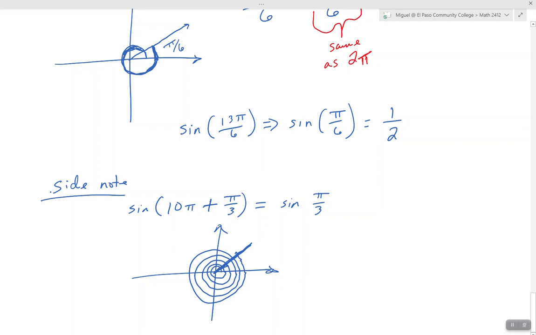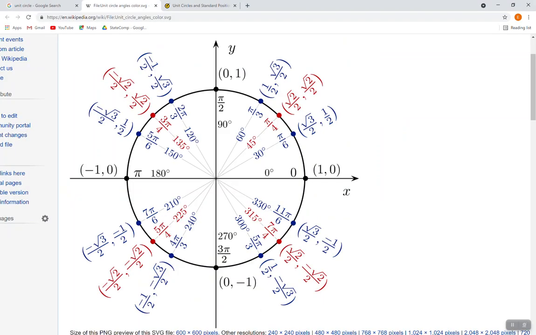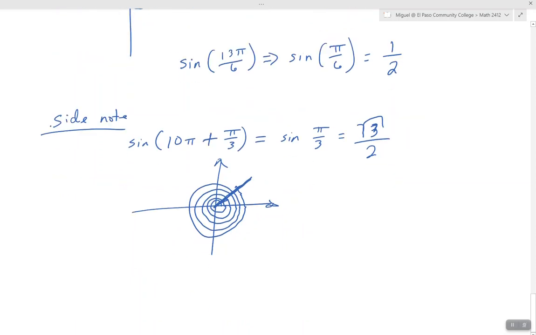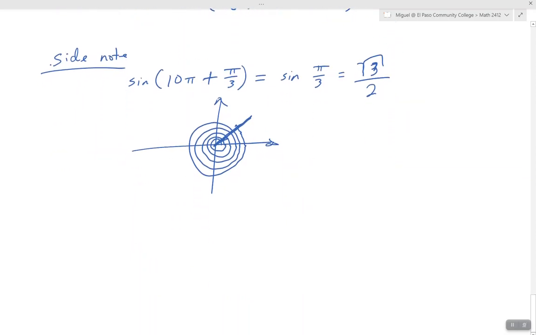So something like that. And then of course, sine of pi over 3 is just square root of 3 over 2.